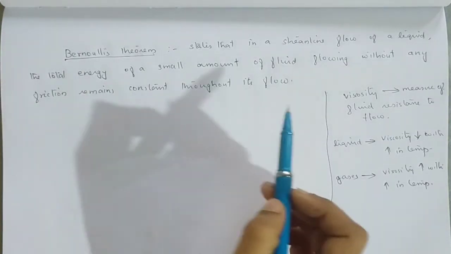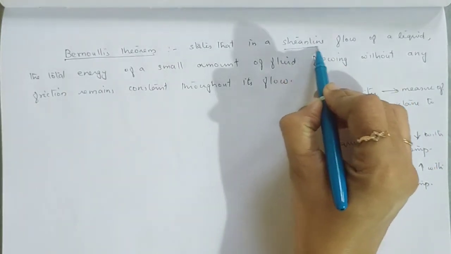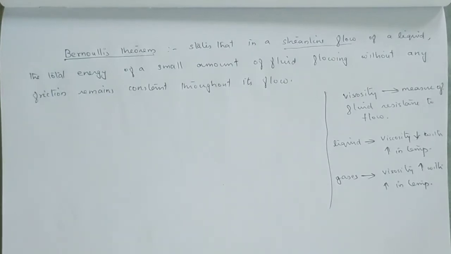From this statement, it is clear that it is applicable to streamlined flow of the liquid, that is, to the incompressible liquid. So, it is not applicable to turbulent flow of liquid.